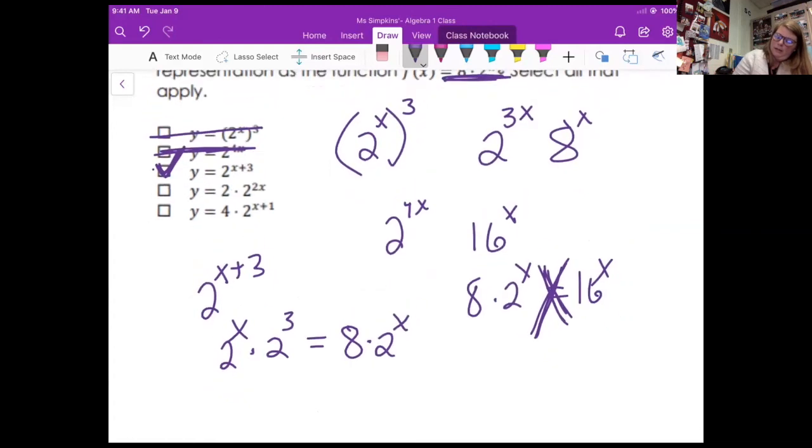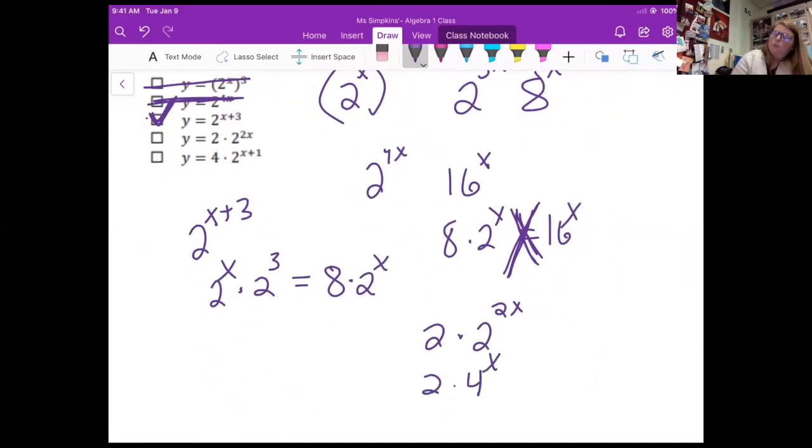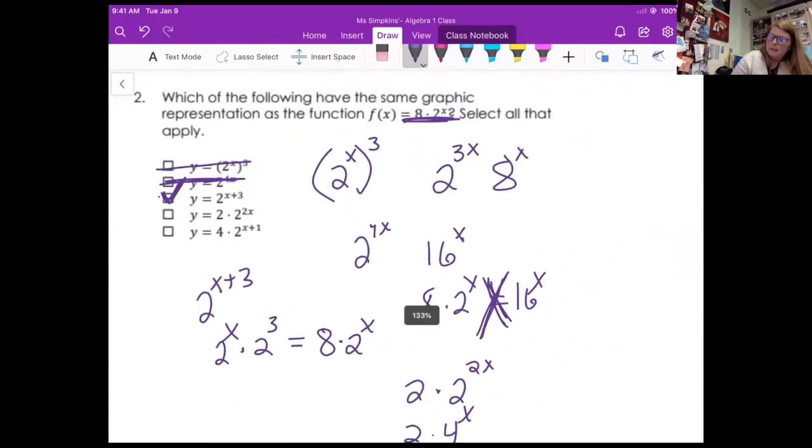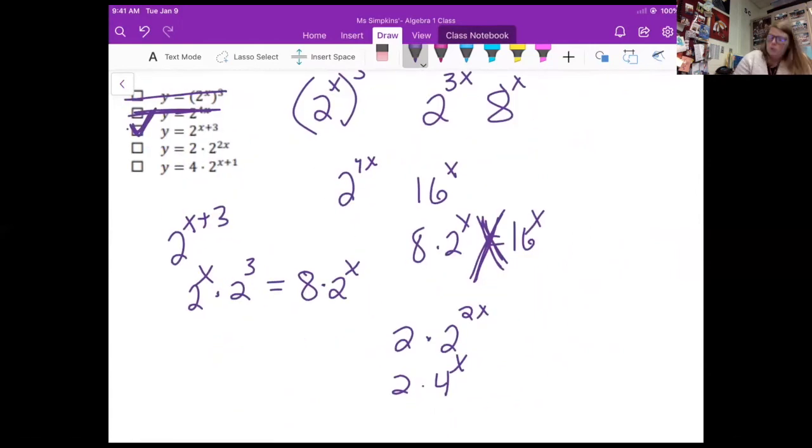All right, let's look at the next one. So I have 2 times 2 to the 2x. Well, 2 to the 4 times 4 to the x, is that the same as 8 times 2 to the x? No. So by process of elimination, what happens with the last one? It has to be right, but let me just show you how it is right.